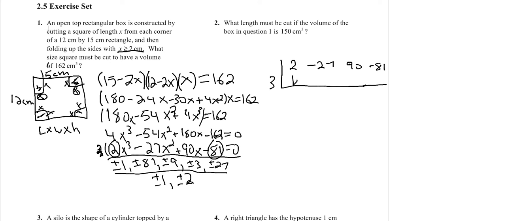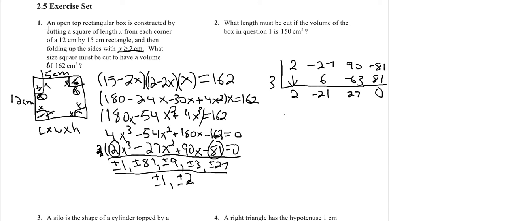Okay, so move the 2 down, and then now 3 times 2 is 6. 6 plus negative 27 is negative 21. Negative 21 times 3 is negative 63. Negative 63 plus 90 is 27. 27 times 3 is 81. 81 plus negative 81 is 0.